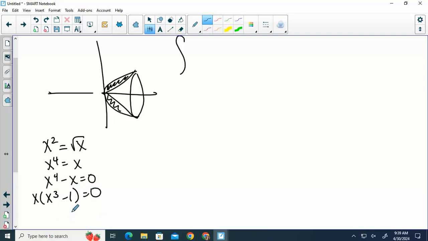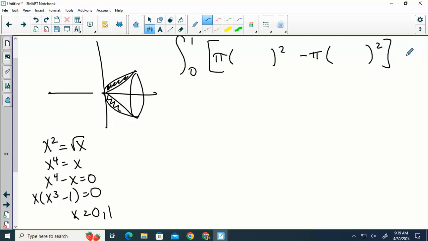If you set those equal to 0, you get 0 and 1. Okay, when it was hollow, we had to do that. Pi times the outside one squared minus pi times the inside one squared. Okay, horizontal line, so we're doing x's, so dx.